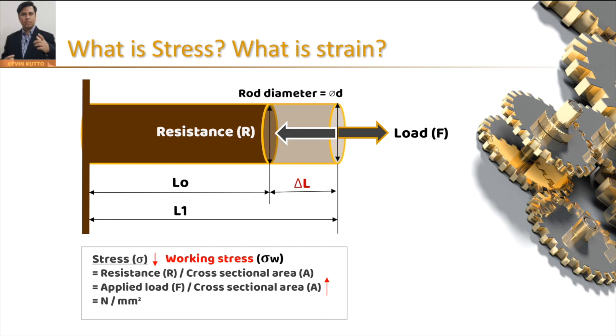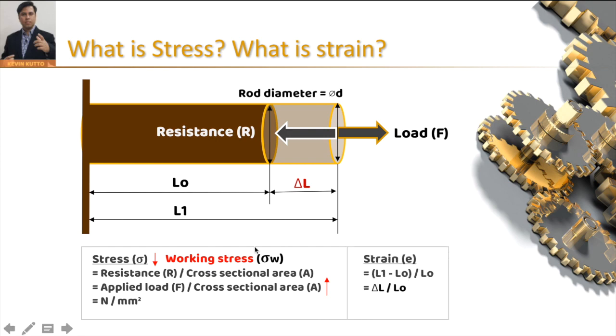The other factor which we use is the stress strain curve. The reason why we are going to look at the stress strain curve is to understand the maximum stress. Working stress we already got here, right? So now we have to look for maximum stress, and in order to get maximum stress, we have to look at the stress strain curve. And in order to look at the stress strain curve, there is another concept which is very important to understand, which is strain.